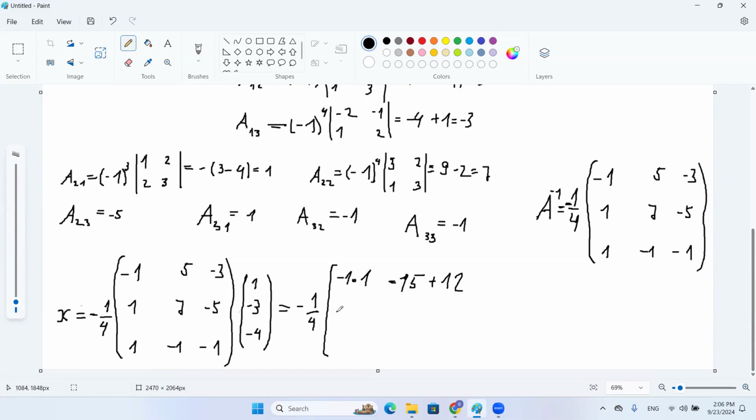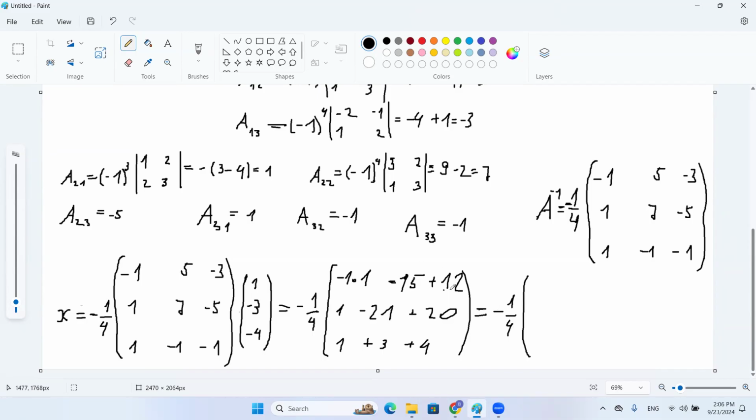Next row is 1, -21 and plus 20. Then 1, plus 3 and plus 4. And -1/4.